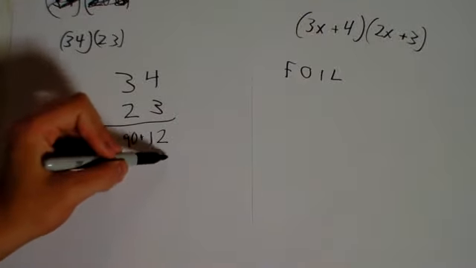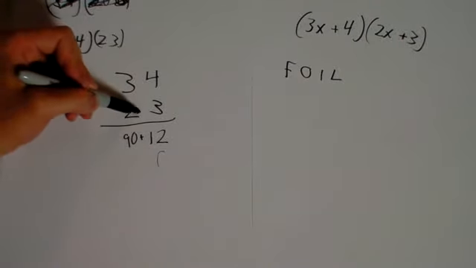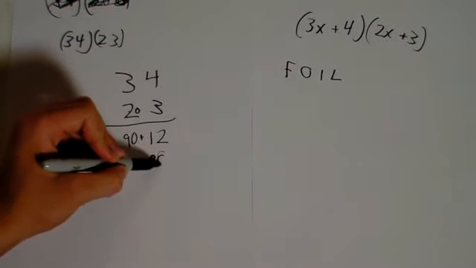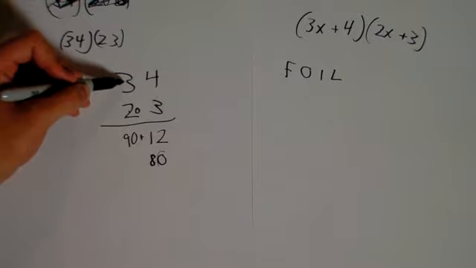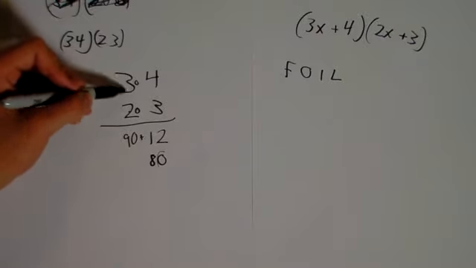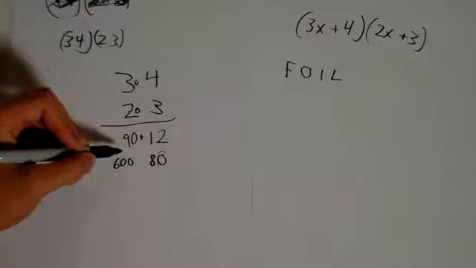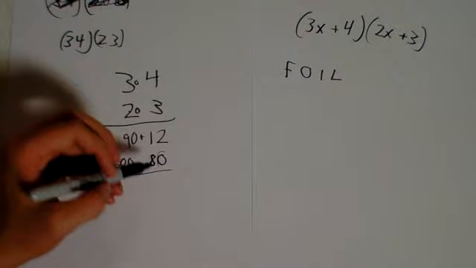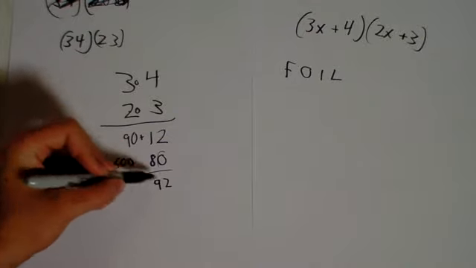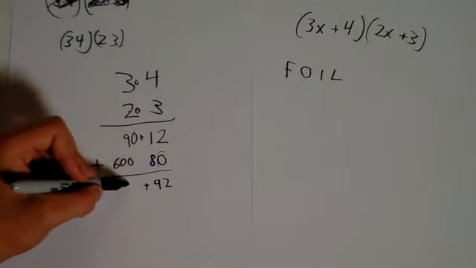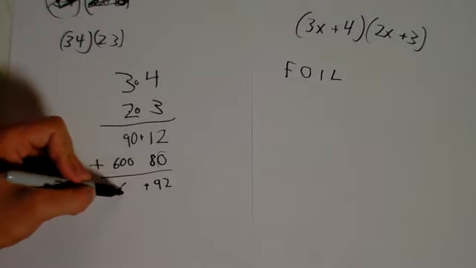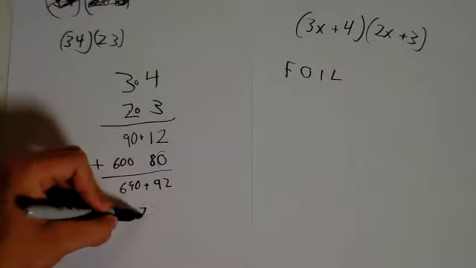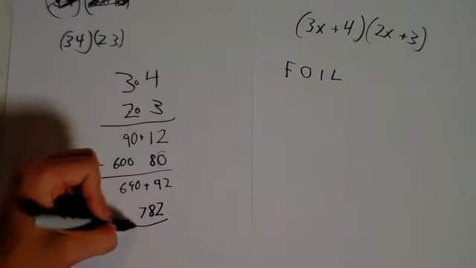Now, we could add a 0 here, or we could just remember that this number is 20. Put the 0 there. 20 times 4 is 80. And 20 times 30 is 600. Then we just add the two together, 12 plus 80 is 92, plus 90, plus 600, so plus 690. And we can add 690 and 92 and get 782. Alright.